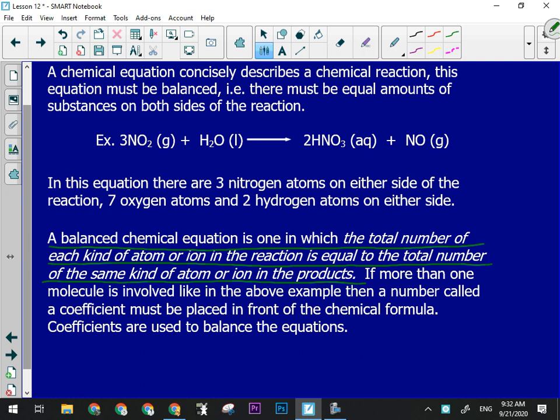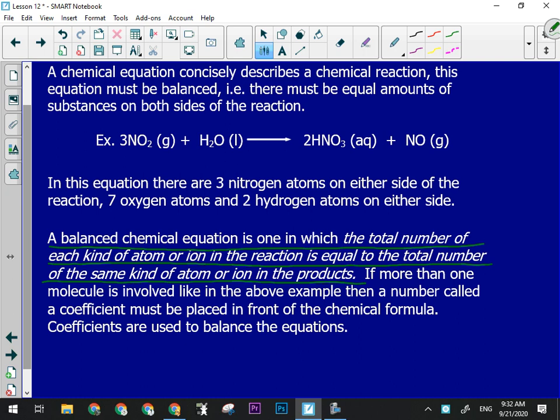If I'm balancing a reaction, can I change these little numbers? Has there been a reaction that we've balanced thus far where I've changed the little numbers? I can't change the little numbers. Because if I do, I change the chemical. This reaction produces this chemical.